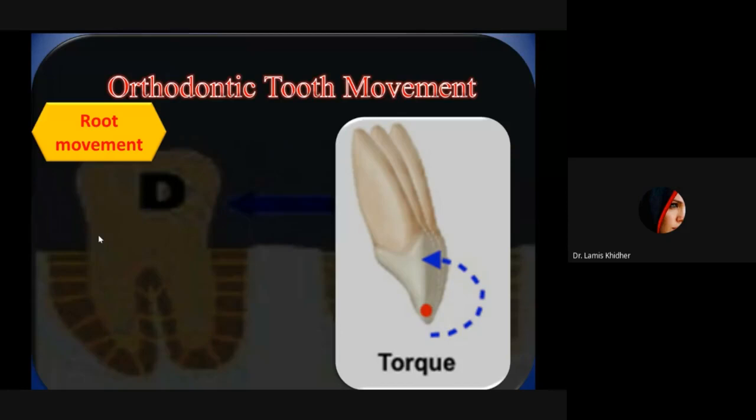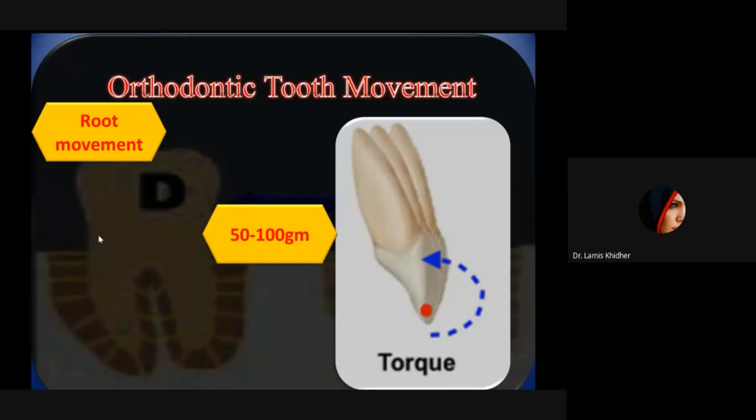The center of rotation, as I mentioned previously, for the root movement will be located at the incisal edge or on the occlusal line. The amount of force needed to induce root movement is equal to 50 grams for the anterior teeth and 100 grams for the posterior teeth.